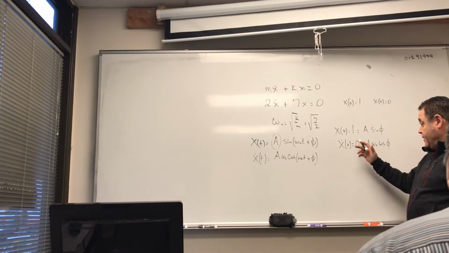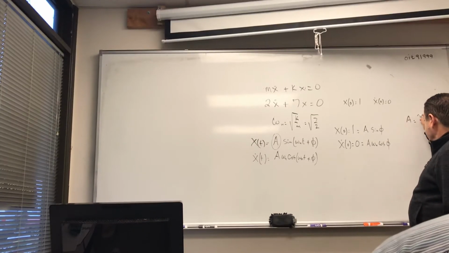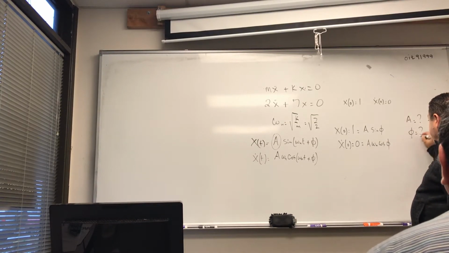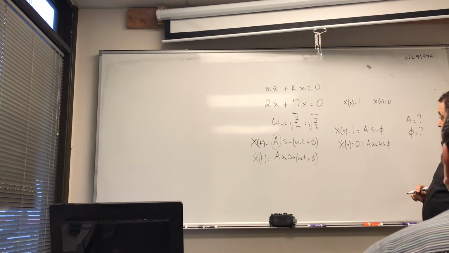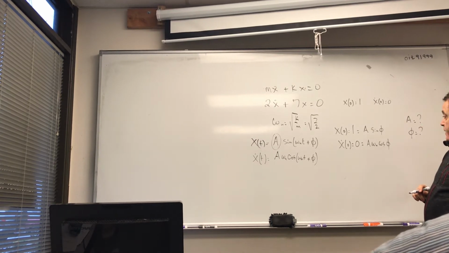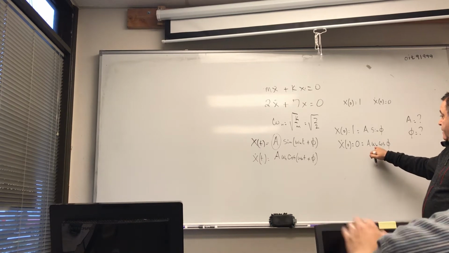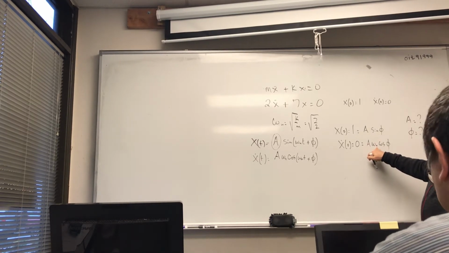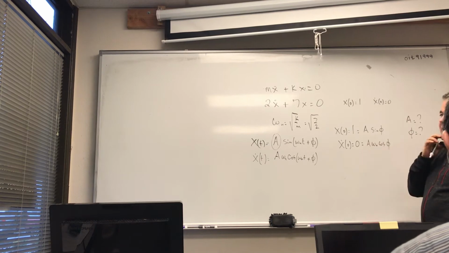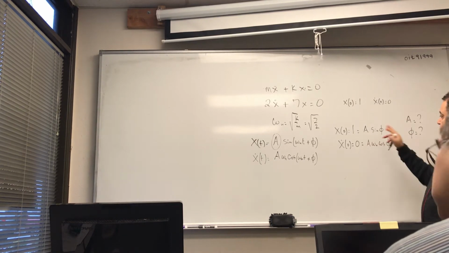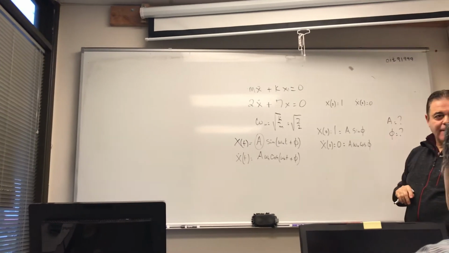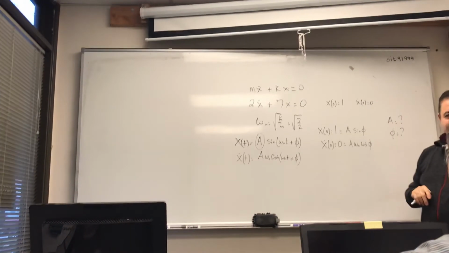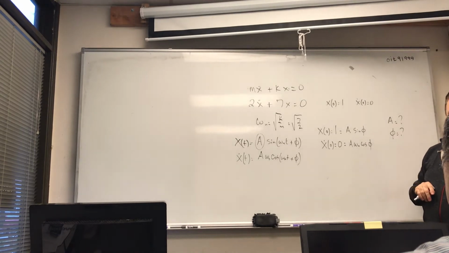I need to know A and phi, so you need the two equations. We know omega n, so we're not solving for that. So how do you solve for phi here? What if you divide the equations and get a tangent, then take the arctangent?